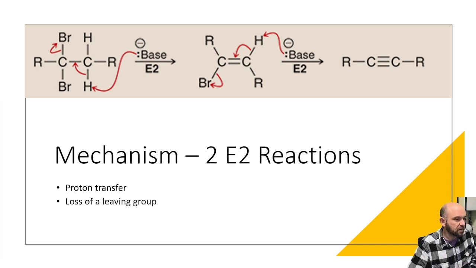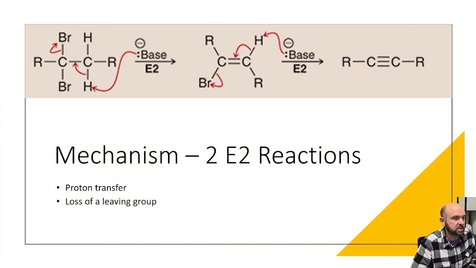Here we see the E2 mechanism. We should be familiar with this mechanism already, where we have proton removal, the pair of electrons that was shared in the bond between the proton and the carbon atom is moved over to form a pi bond, and then loss of a leaving group allows for the adjacent carbon to still have a correct octet. This just simply happens twice for the alkyne product to be made.